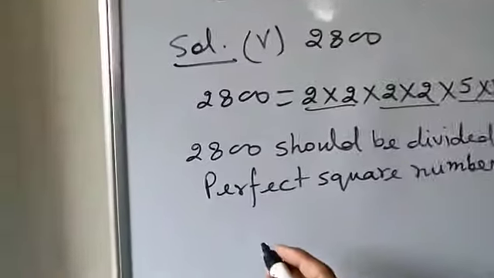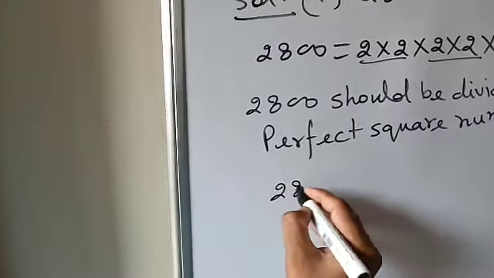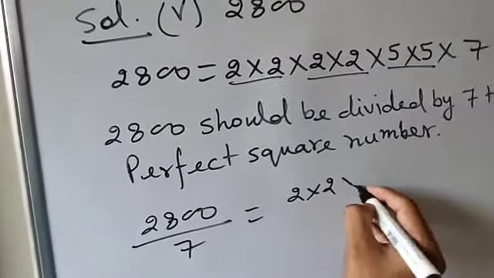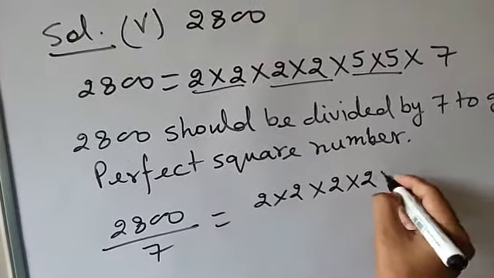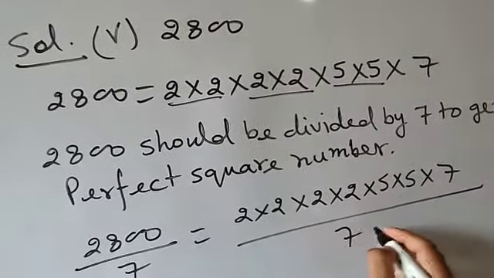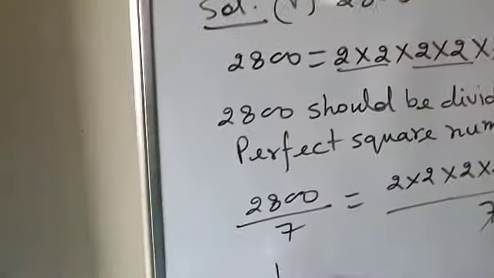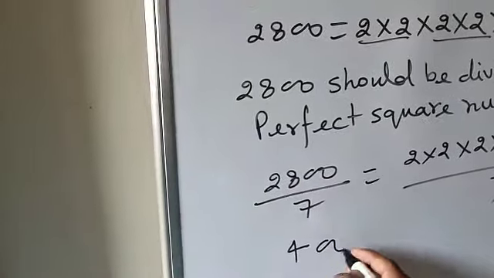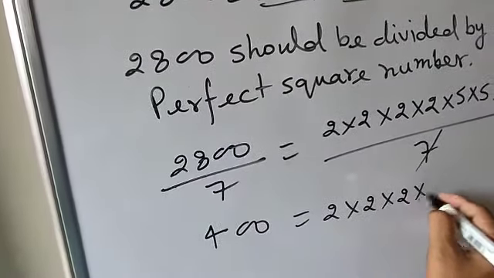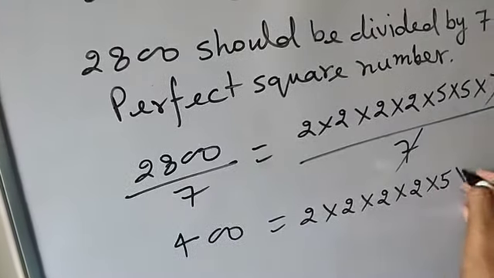Now again divide 2800 by 7. It is equal to 2 into 2 into 2 into 2 into 5 into 5 into 7 upon 7. So here 7 and 7 will be cancelled, and 7 4s are 28, 400. It is equal to 2 into 2 into 2 into 2 into 5 into 5.